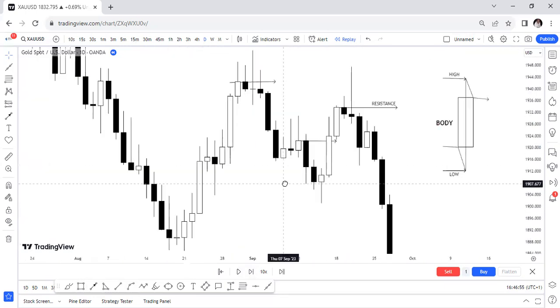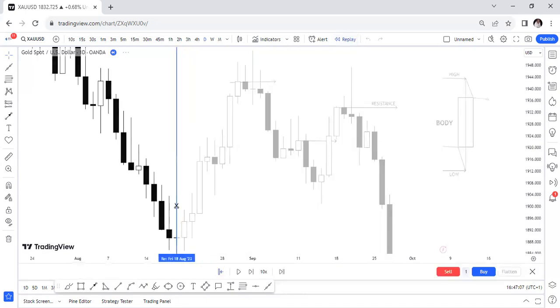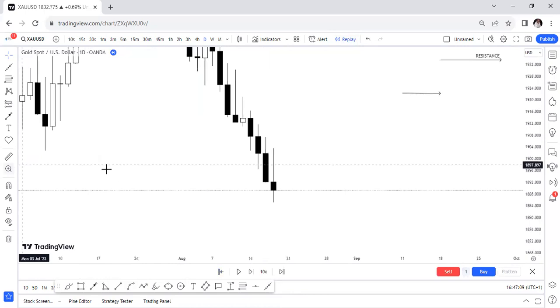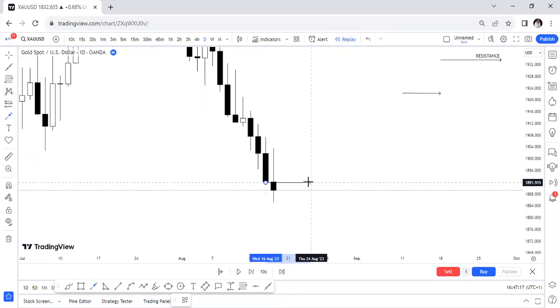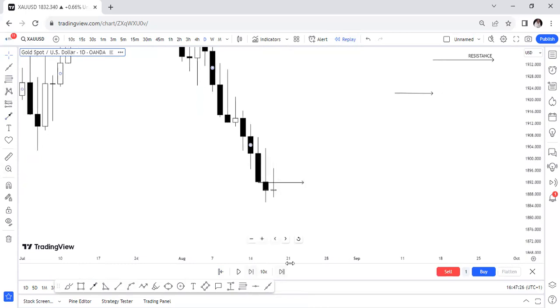For buy, this is a gap level, right? You have a gap level like this, and on the next candlestick, you wick it, you sell, right?